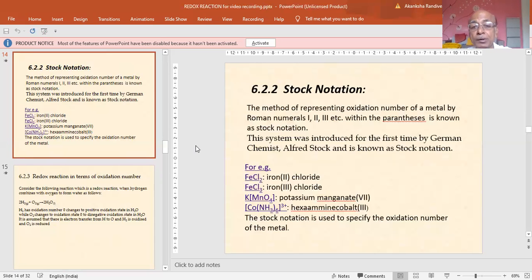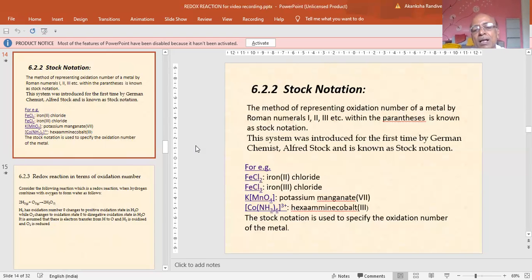Isn't it? And therefore, the stock notation of FeCl3 can be written as iron(III) chloride. The 3 indicates the oxidation number of iron. So iron(III) chloride is the stock notation for FeCl3.